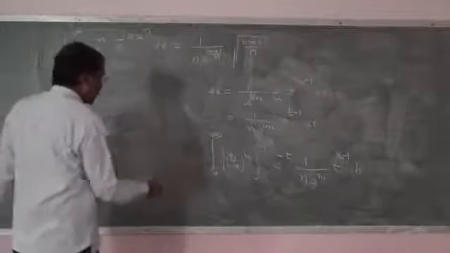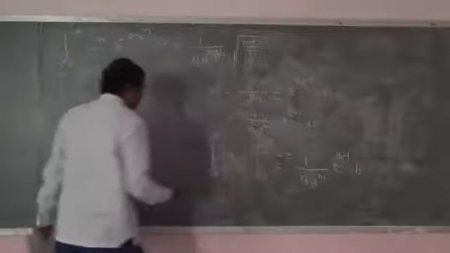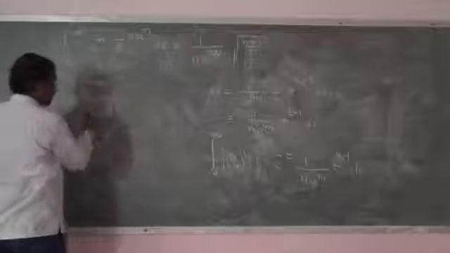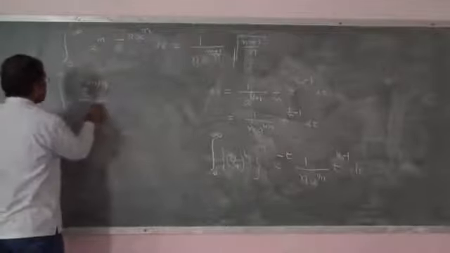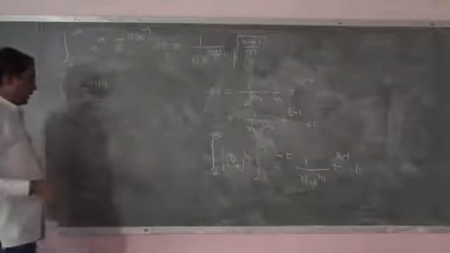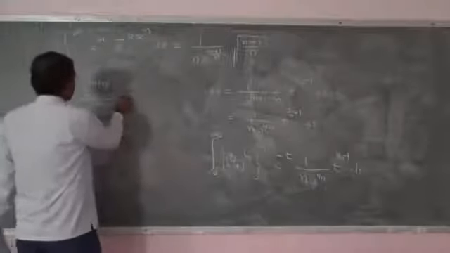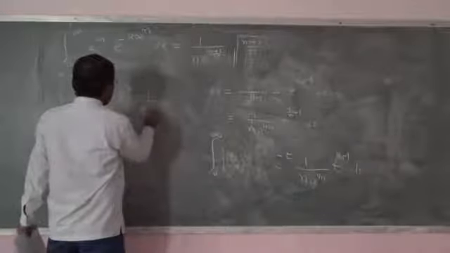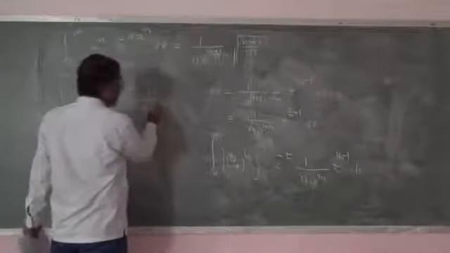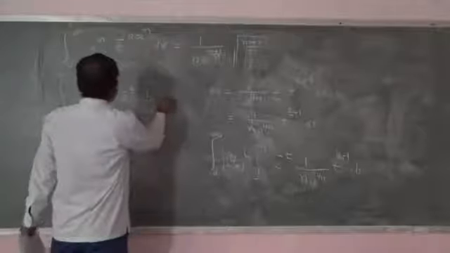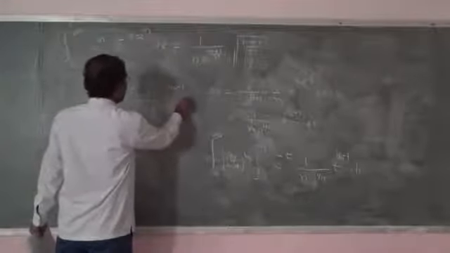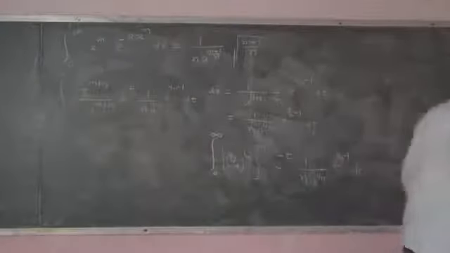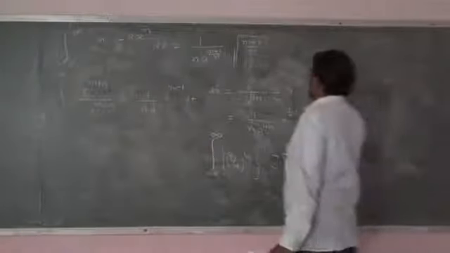Now t to the power 1 by n, to the power m, becomes t to the power m by n divided by a to the power m by n, then e to the power minus t, times 1 by n a to the power 1 by n, t to the power 1 by n minus 1 into dt.